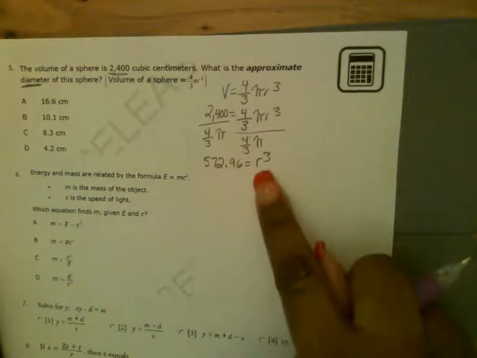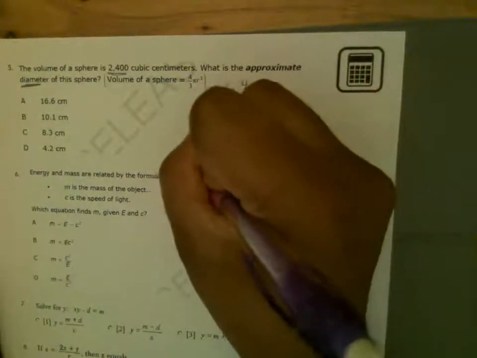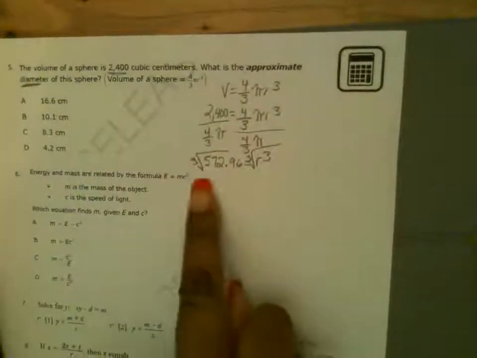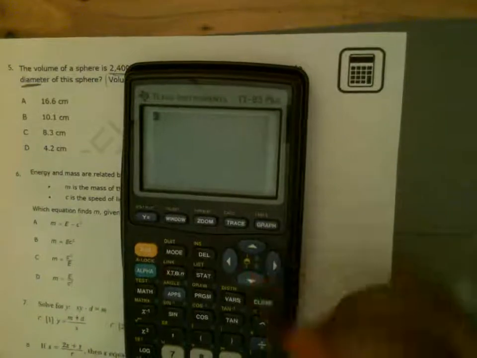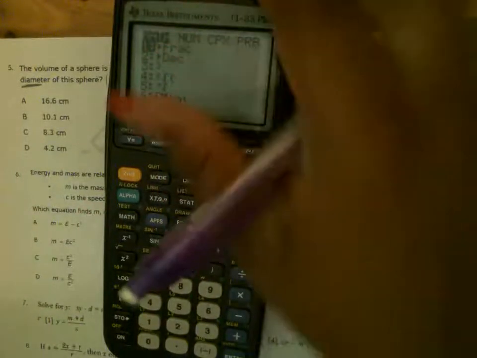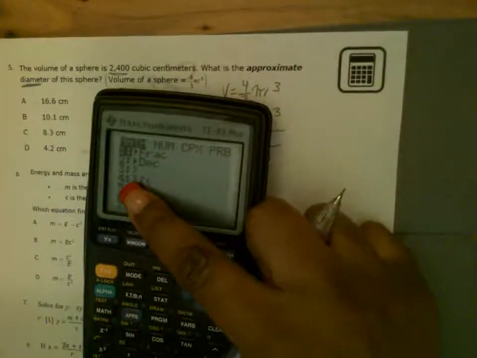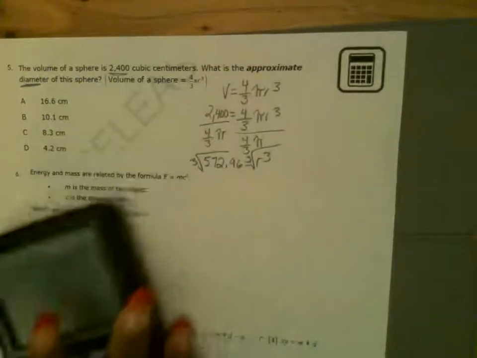So the opposite of cubing a number is finding the cube root. So we're going to find the cube root on both sides. All right, so how do you find the cube root in your calculator? This is how you do that. You're going to go to math, and you're going to go down to cube root, which is right here at 4. Super important.